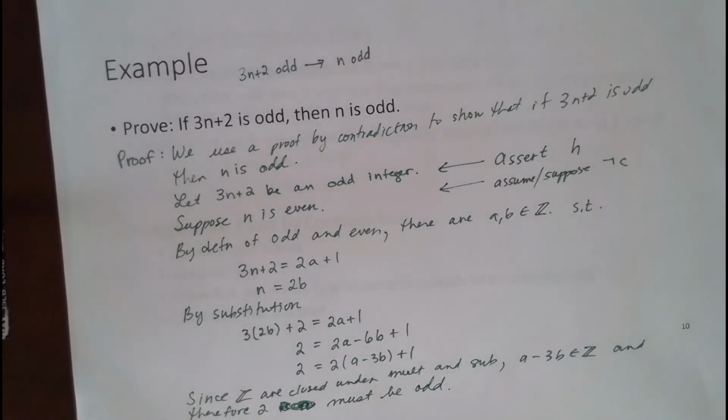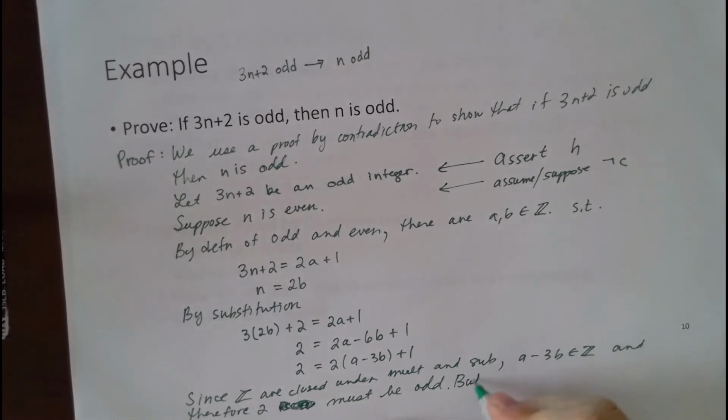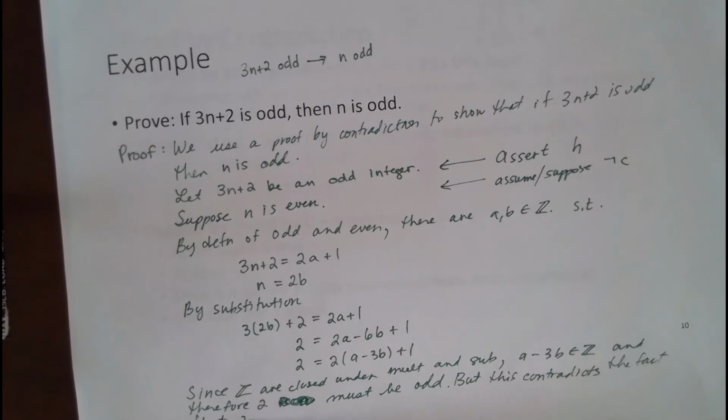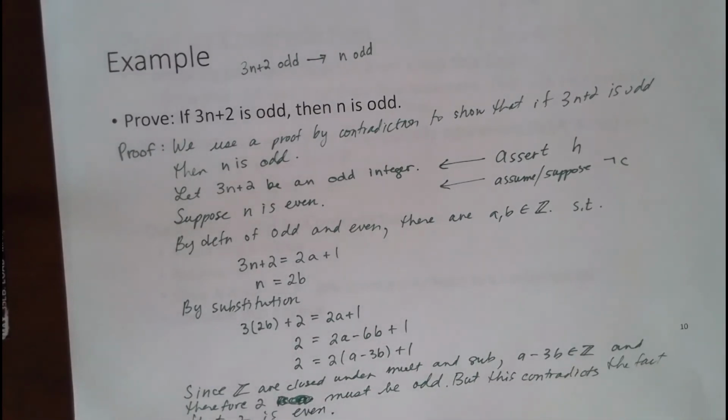And when you get something like that, you're like, well, that's wrong, right? But this contradicts the fact that 2 is actually even. So there's our contradiction. We've reached the contradiction.